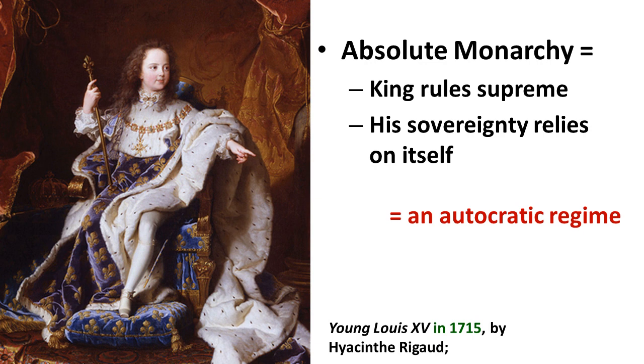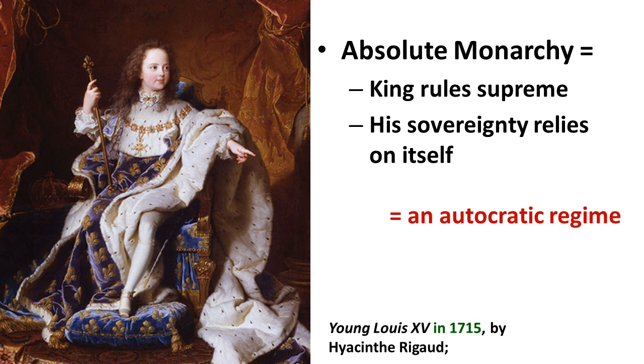So as I said, all this is not entirely true in reality, because in reality every power is based to a certain extent on the consent of the people, on the fact that the people accept to be governed. And so even an absolute king needs to use force, needs to use compromise, and so his absolute power is in fact a fiction, because his power is limited in practice.